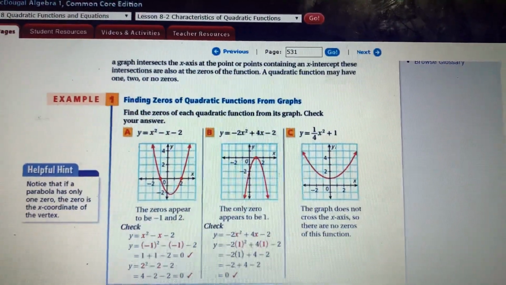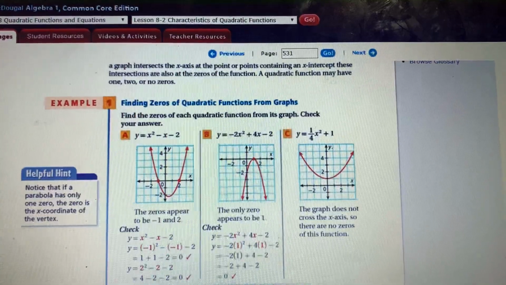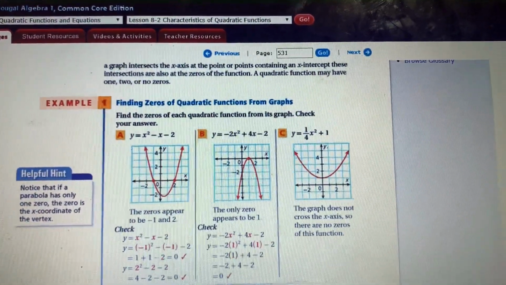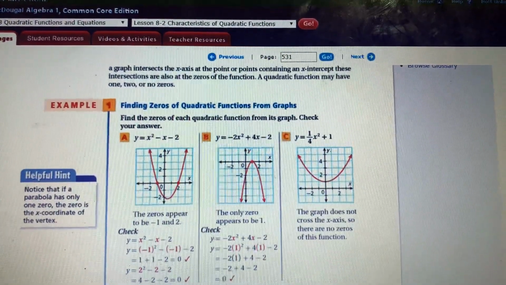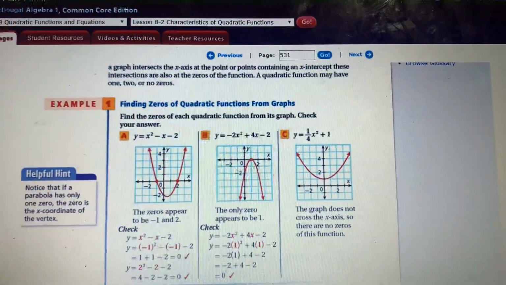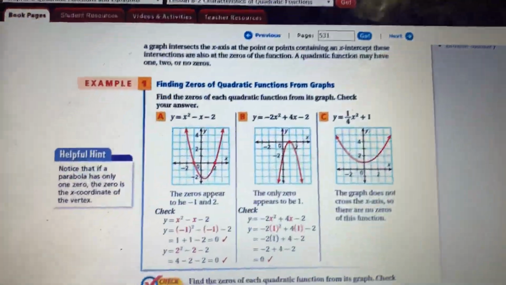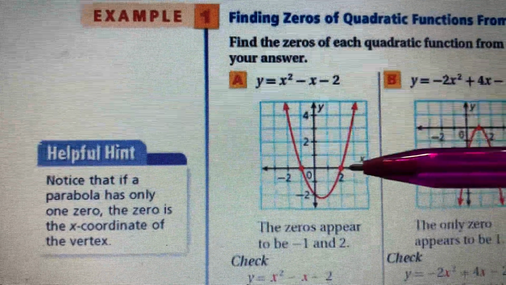But one of the methods that you can use to determine the zeros of the function is by looking at the graph of the quadratic equation. The zeros of the function, when you look at the graph, are those points in which the parabola touches the x-axis. So I want you to take a look over here at example 1a.